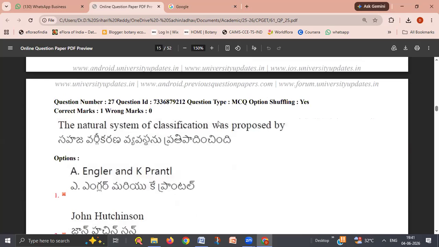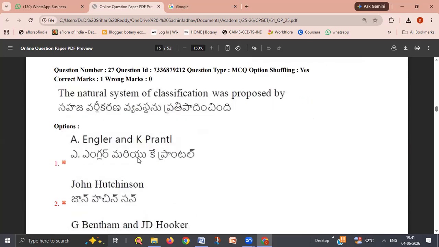And here we come to classification, taxonomy. There are different kinds of classification you already studied: artificial system, natural system, and phylogenetic system of classification. For the artificial system, we know Linnaeus.